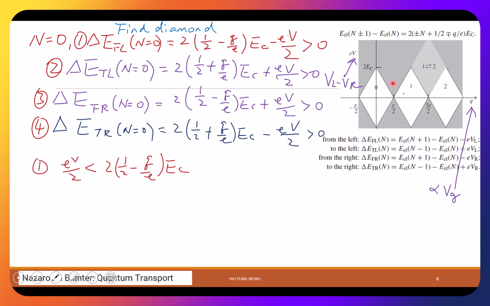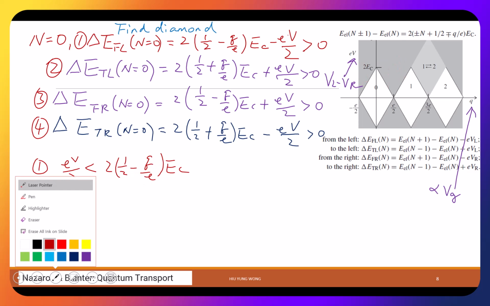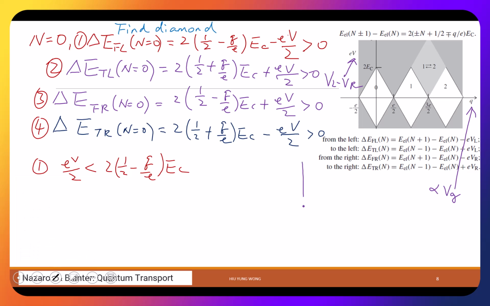Now if I look here, this is just an XY plot. This is EV, so this is Y, and this is Q, which is related to VG. So we are saying Y less than mx plus c.